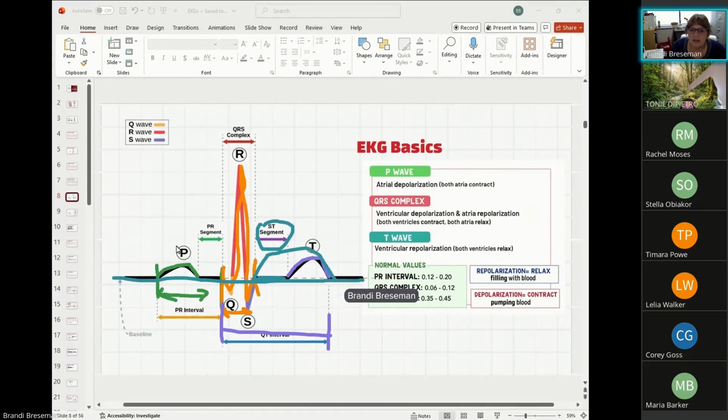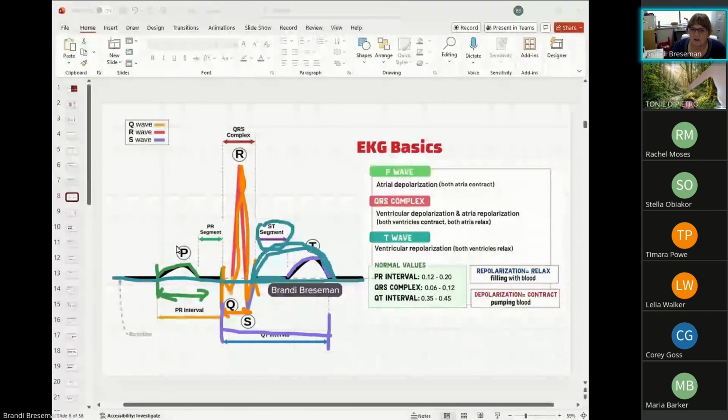So this line goes away and it becomes like one big T wave. You can't see where it goes back to that isometric line. And that is called an ST elevation, because the ST segment is not on the isometric line. It comes up.